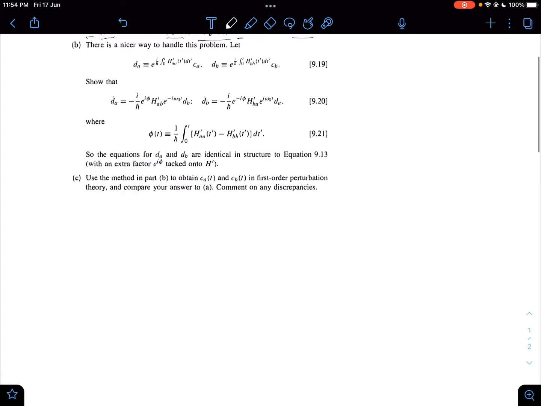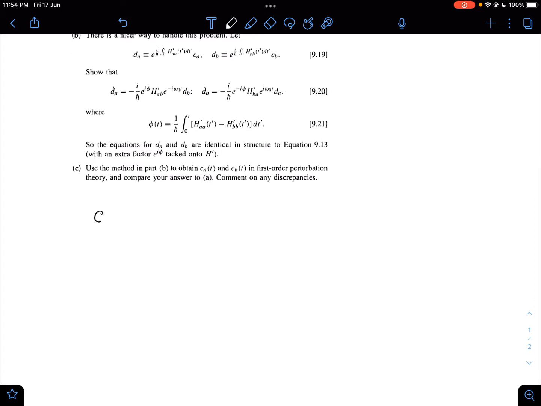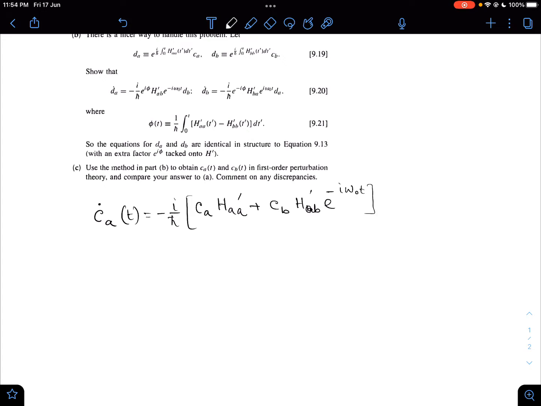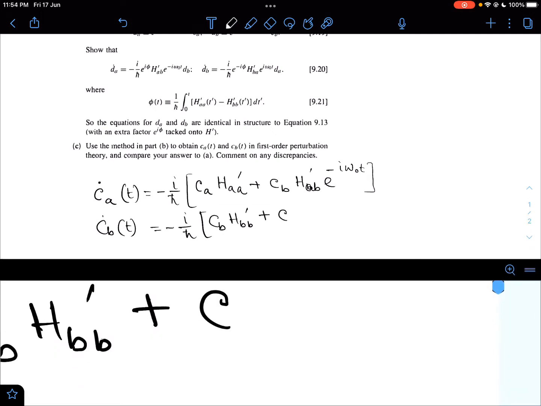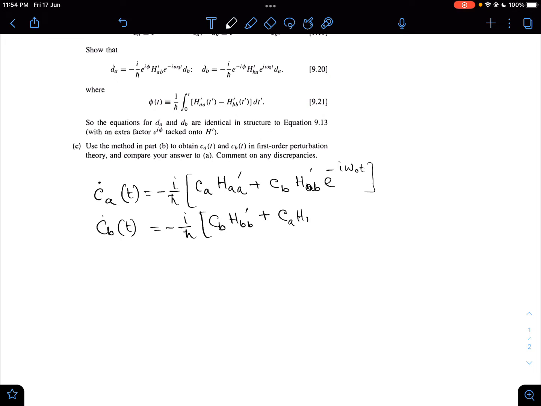So from the previous video, we can tell that c_A dot is minus i by h cut times c_A H_AA prime plus c_B H_AB prime e to the power minus i omega_0 t, and c_B dot is minus i by h cut times c_B H_BB prime plus c_A H_BA prime e to the power i omega_0 t.